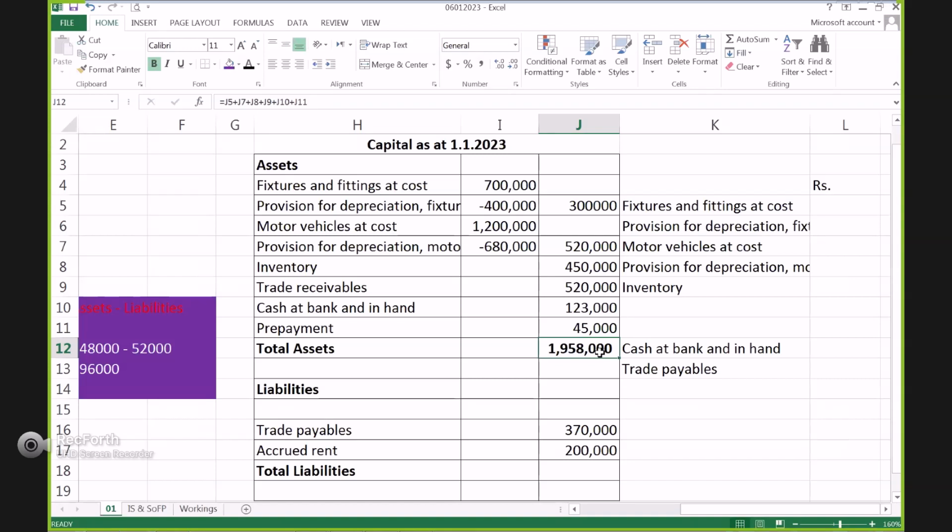1,958,000. So at the same time, the liability side is lower, 570,000. So the total liability also becomes 1,958,000. So the balance is capital. Okay. So the balance capital 1,388,000.